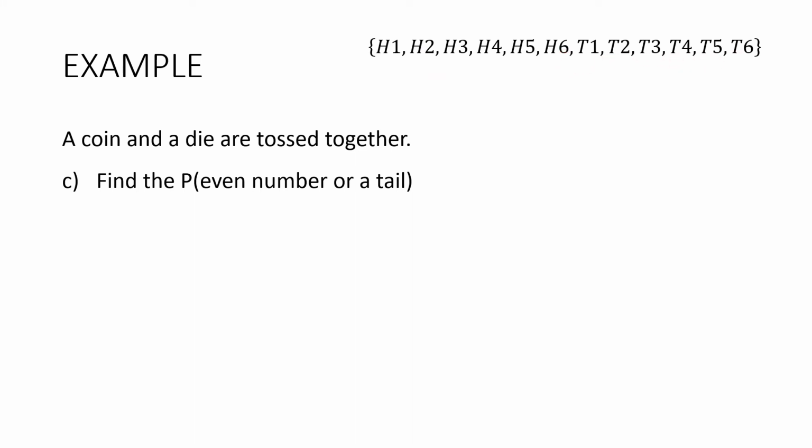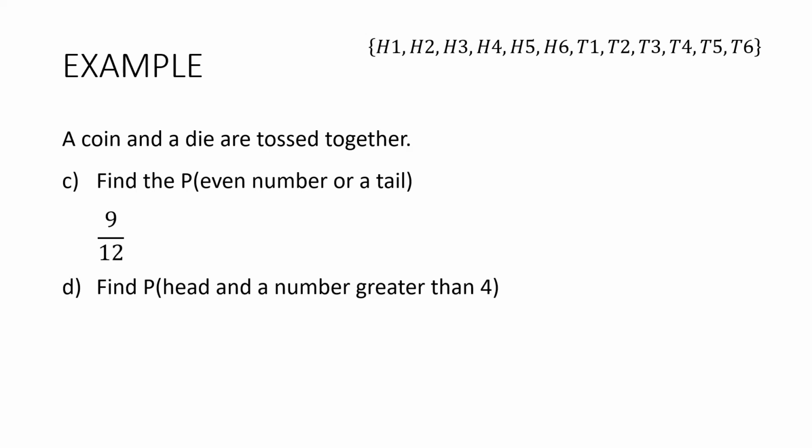Count them all up, we have 9 out of 12. Now you can reduce that down to 3/4 if you want to, but you don't have to. And then finally find the probability that we get heads and a number greater than 4. So we want heads and a number greater than, not equal to, 4. So it's only heads and 5, and heads and 6. So 2 out of 12.